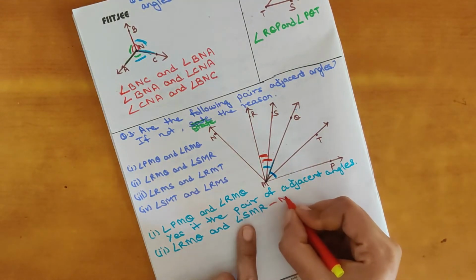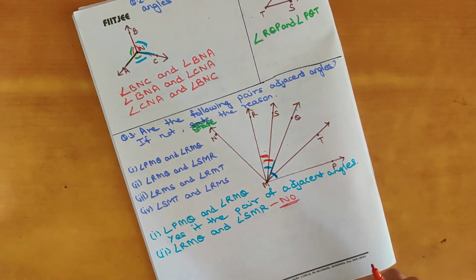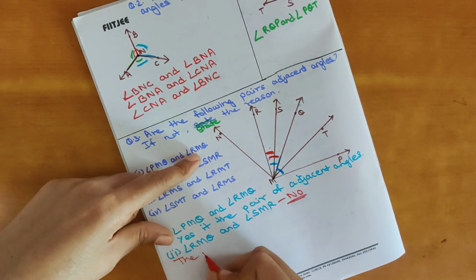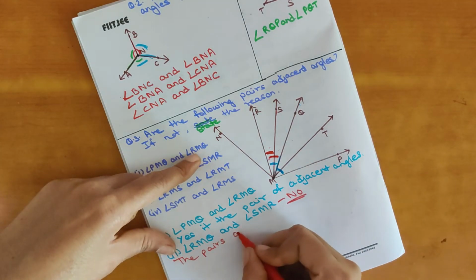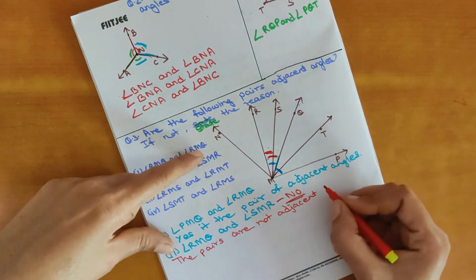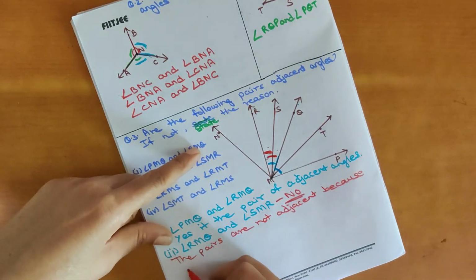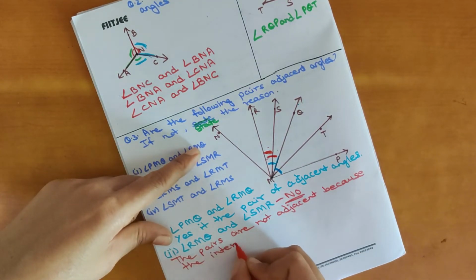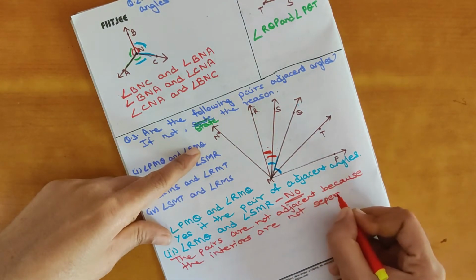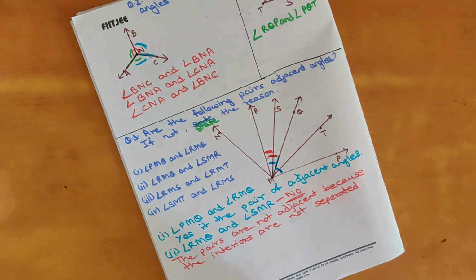So, no. What you will write is: the pairs are not adjacent because the interiors are not separated. That is the sentence you will write.